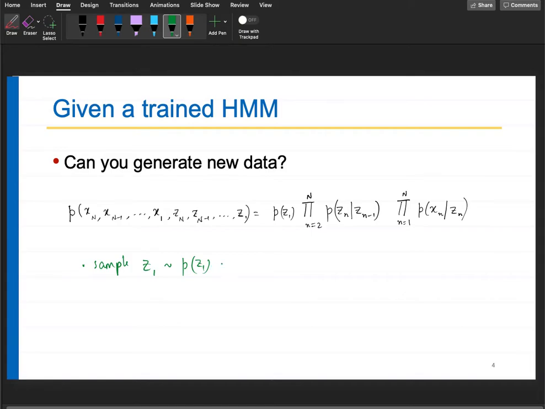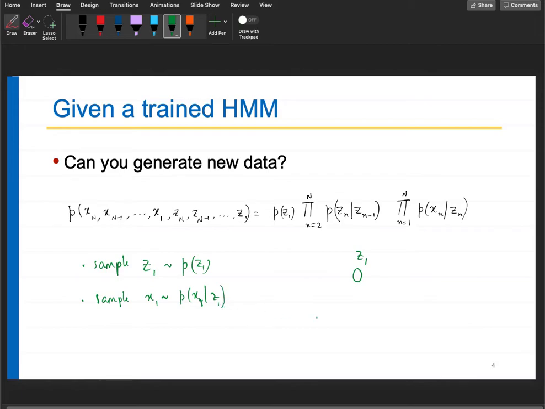Then what do you do? I obtained this Z1. Now we obtain an X corresponding to it. Yes, very good. Then I can sample X1 from the probability of Xn given Zn, X1 given Z1.